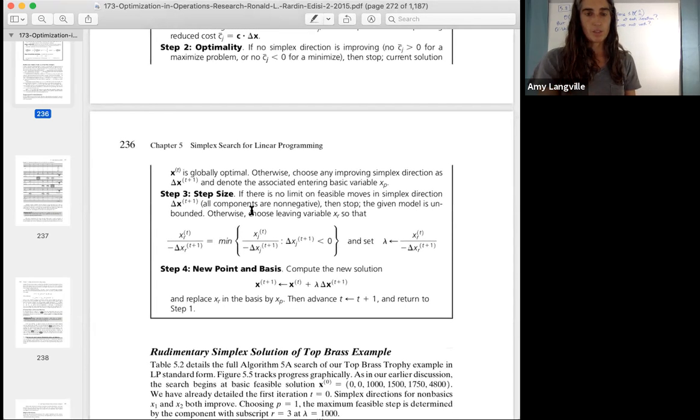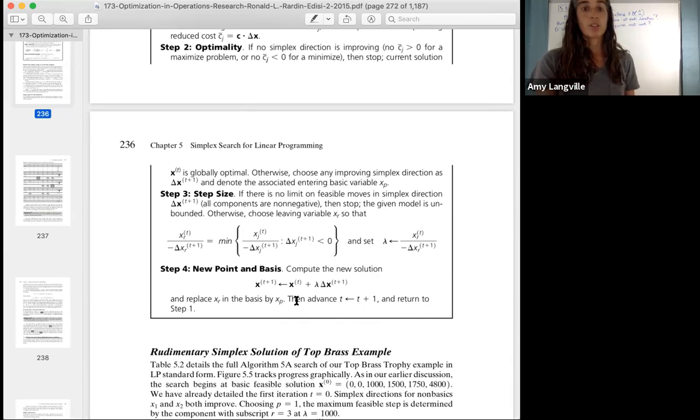Then step three is the step size, which is the min ratio test. We already have produced this delta x. We're looking at any of those negative. If they are, let me form this ratio. That's at most O(n) work, likely much less, because there's usually many fewer elements that are actually negative.